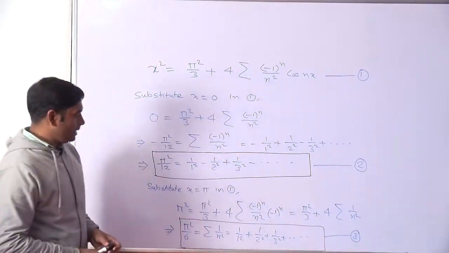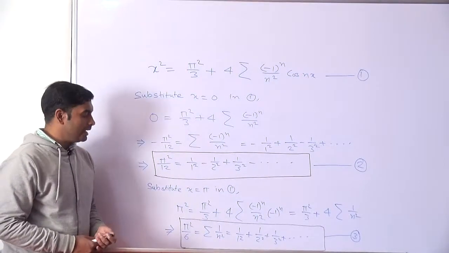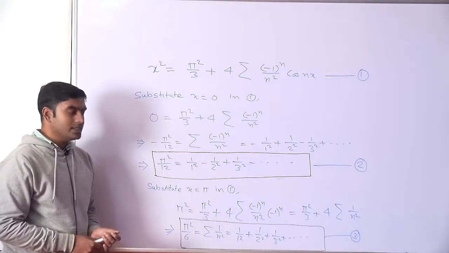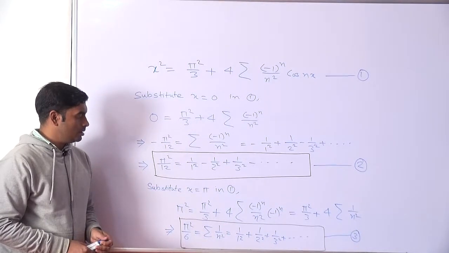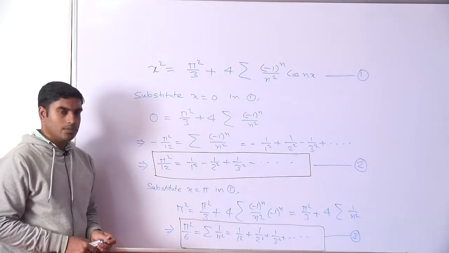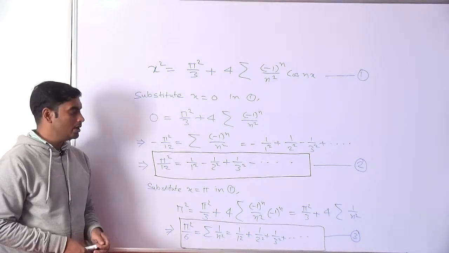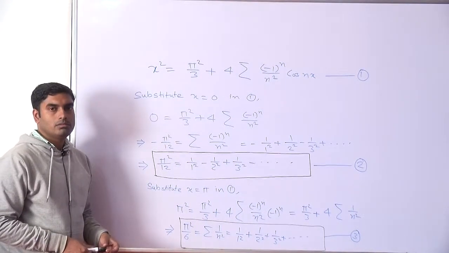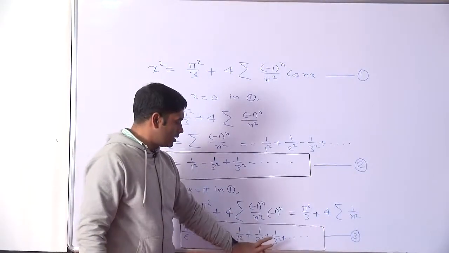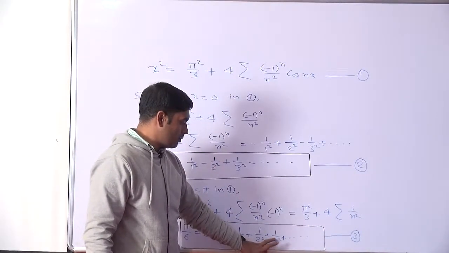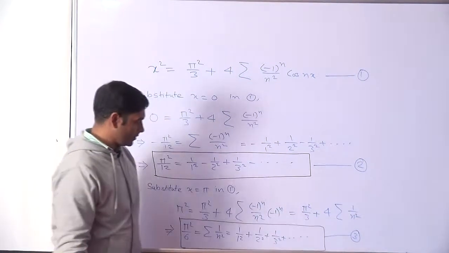Now what happens sometimes in the exam is that it is given: find the series π⁴/90 = 1/1⁴ + 1/2⁴ + 1/3⁴ and so on.